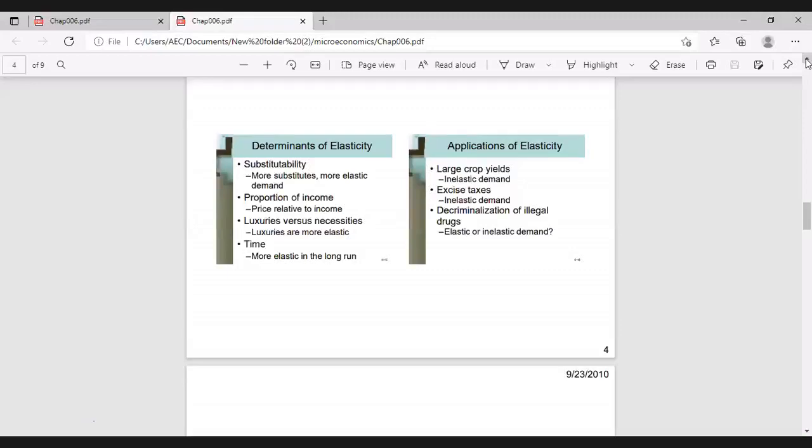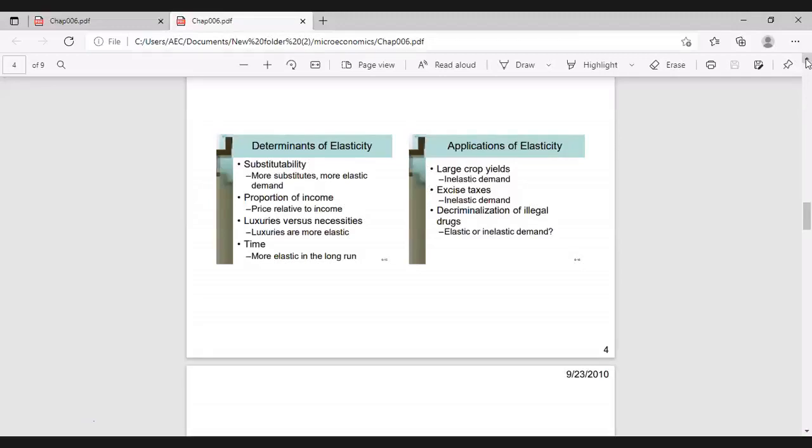So in the short period, demand is inelastic or low, but in the long run, demand becomes more elastic. So time also influences the elasticity of demand. These are the four determinants of the elasticity of demand.